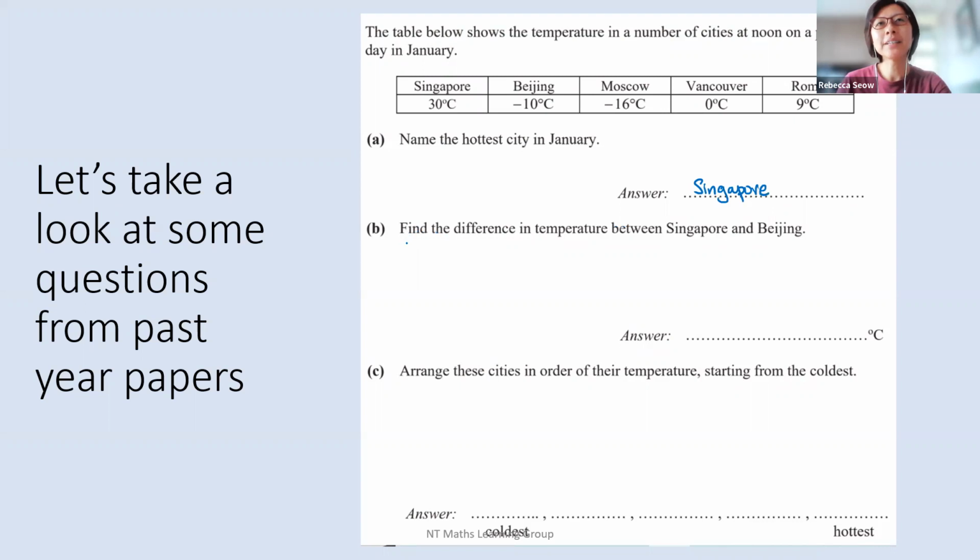Okay, now find the difference in temperature between Singapore and Beijing. So difference in temperature, what comes to mind is subtraction. In Singapore will be 30 degrees Celsius. Beijing will be negative 10 degrees Celsius. So let's find the difference. 30, take away negative 10.